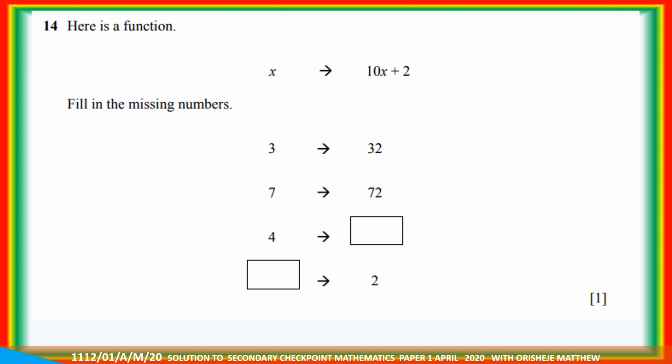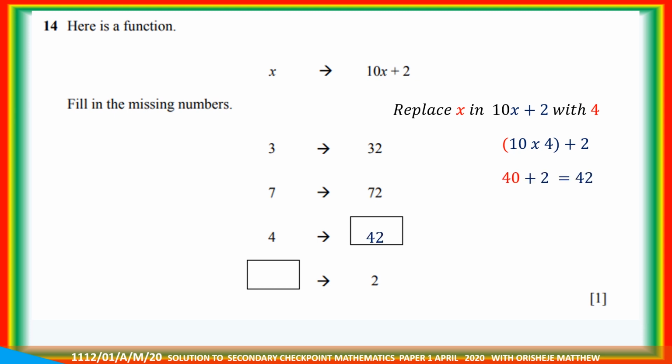Now, if x takes the value 4, what will be the output of the function? All you need to do is take the equation and replace x in 10x plus 2 with 4. So that will give me 10 times 4, 40, 40 plus 2 will give me 42. So the answer there is 42.